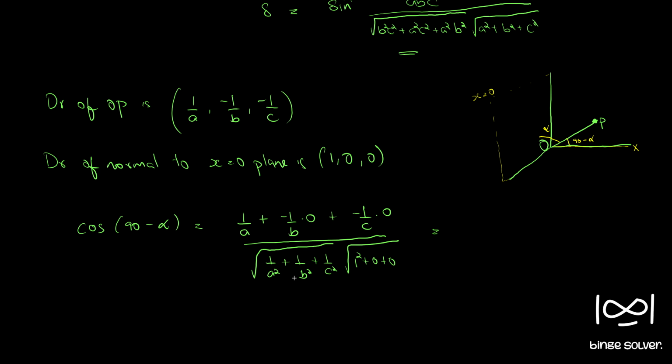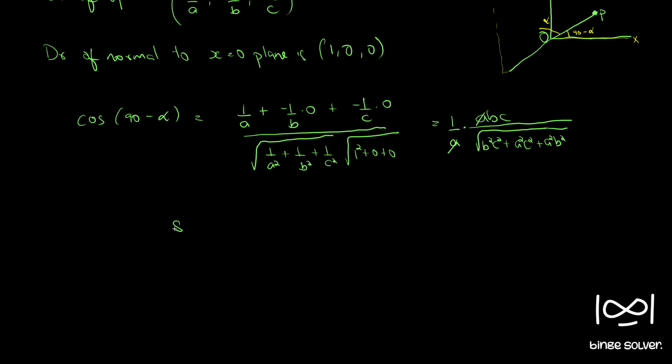Taking the LCM, we get abc by root of b square c square plus a square c square plus a square b square, and so on.